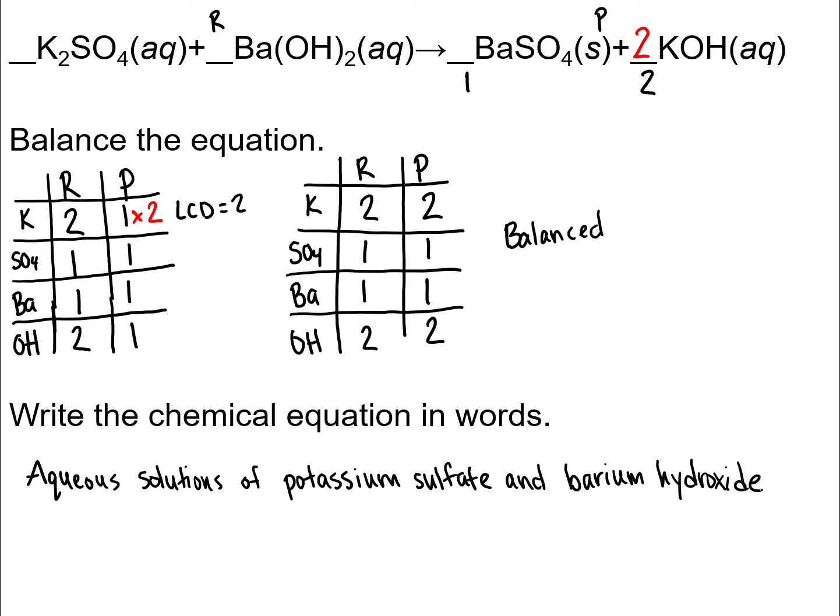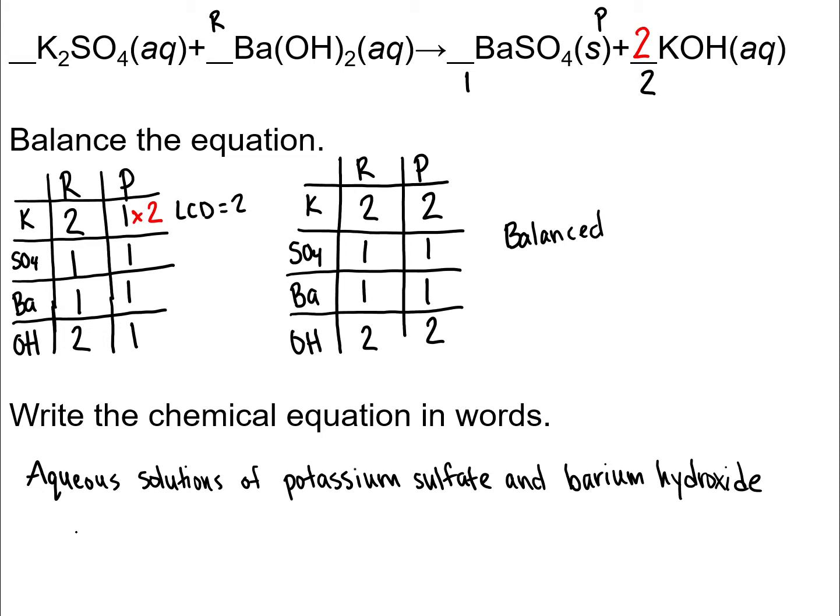So I combined it and said aqueous solutions of, and then put potassium sulfate and barium hydroxide. Instead of saying aqueous blah blah blah and aqueous blah blah blah, you can just say aqueous solutions of. That's just a preference thing.